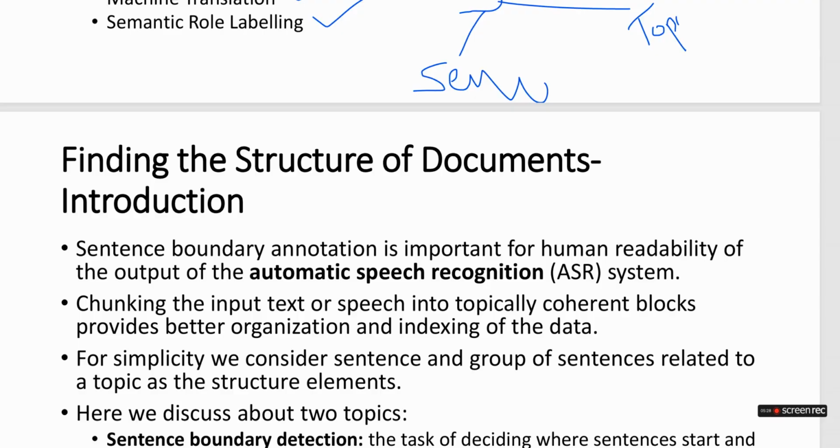You can observe that the first letter of each sentence is a capital letter. Like this, we write sentences or paragraphs in the English language. Sentence boundary is important for human readability of the output of automatic speech recognition.